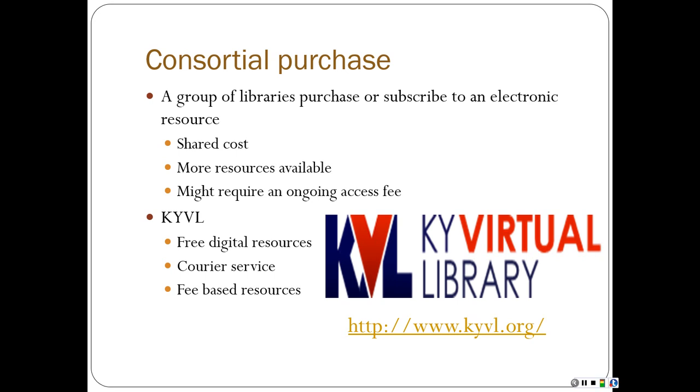A group of libraries can become a consortium simply for the sake of purchasing the resource, or may already be an existing consortium. So you don't need to already be an existing consortium to call yourself one and take advantage of consortial level pricing.